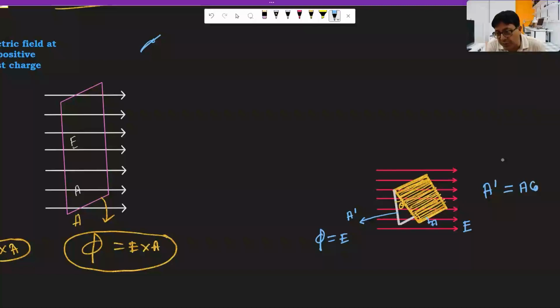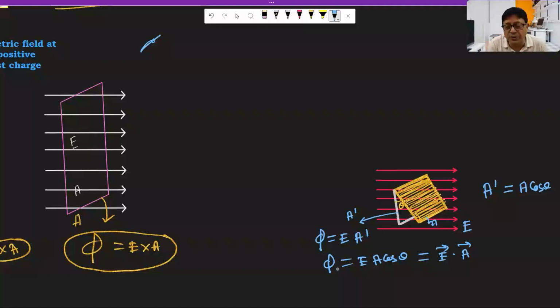So A dashed equals A cos theta. So phi will be equal to E into A dashed. So this implies E A cos theta. Okay. Now this I have written before, it is nothing but E vector dot A vector. It is the dot product between these two vectors E and A. Theta is the angle between them.